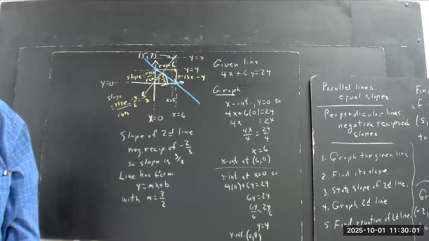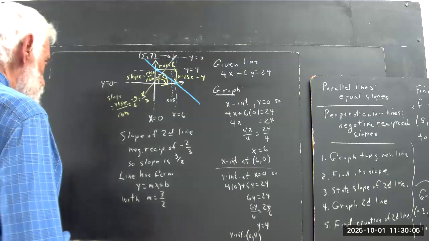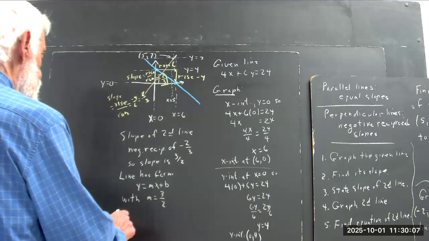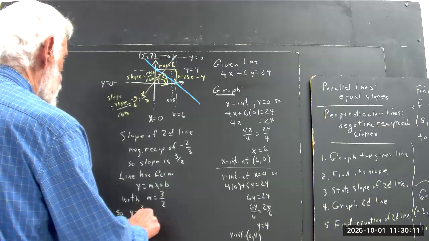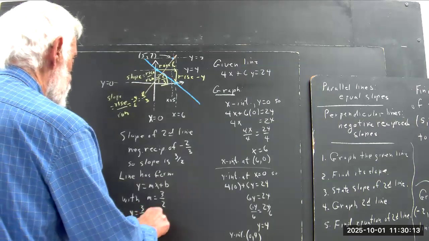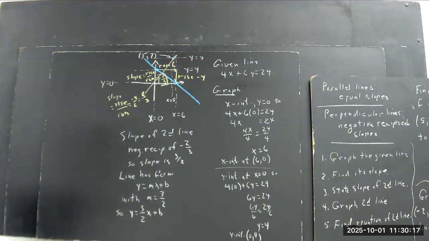Something we've done, okay? So y equals 3/2 x plus b.